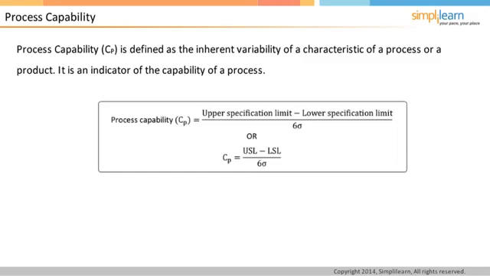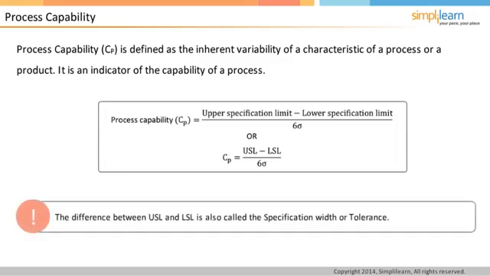USL stands for upper specification limit. LSL is lower specification limit, and sigma is the standard deviation of a process. The difference between USL and LSL is also called the specification width or tolerance. In the following screen, we will discuss process capability indices.